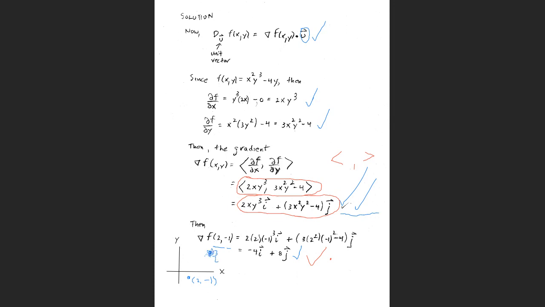Okay, there's 4, 4. And of course, this is my vector.